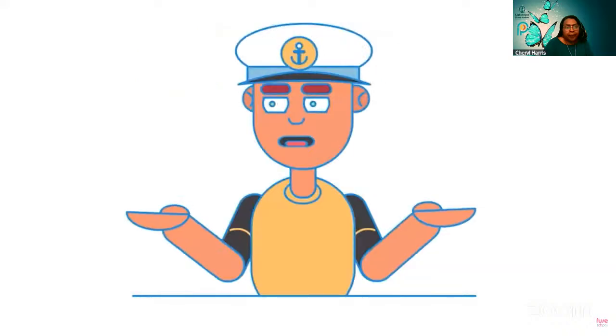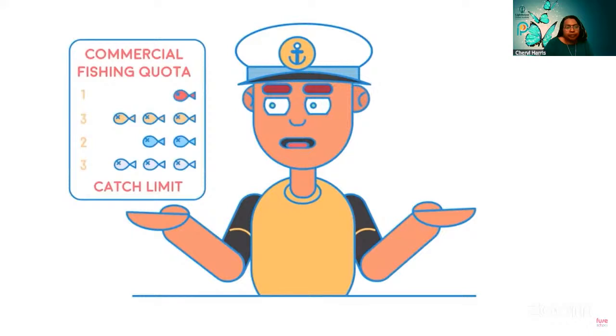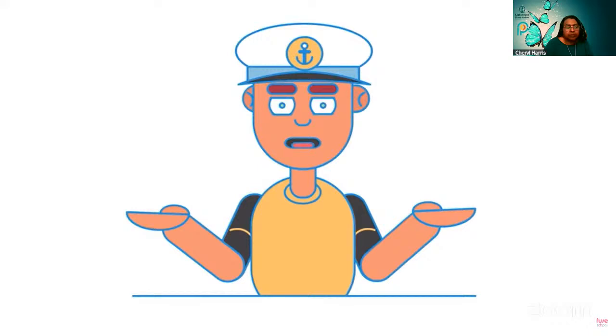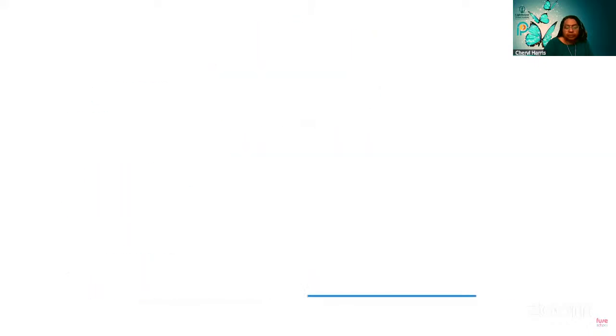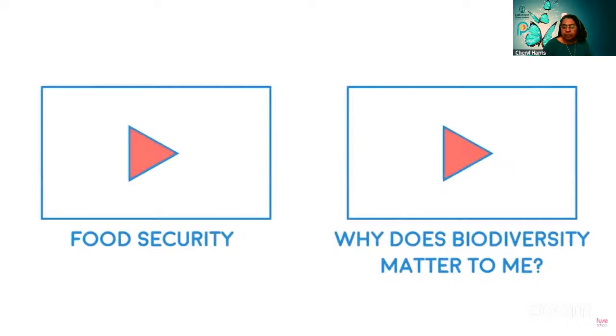It is important to realize that these initiatives have an impact on the people who rely on fishing for their income. Fishing quotas have helped to increase fish populations, but there has to be a balance between sustainable development for future generations in other food security and biodiversity in more detail.